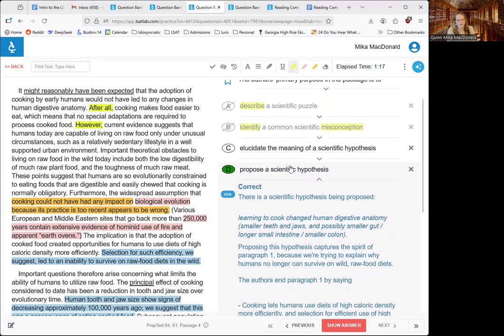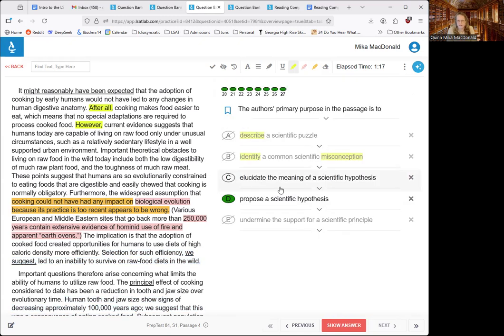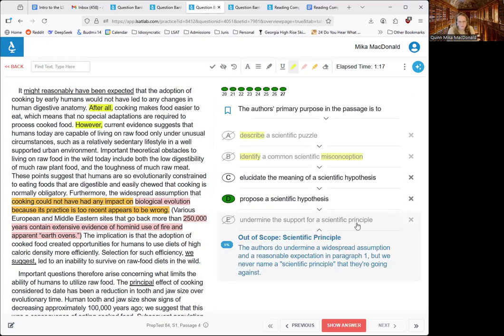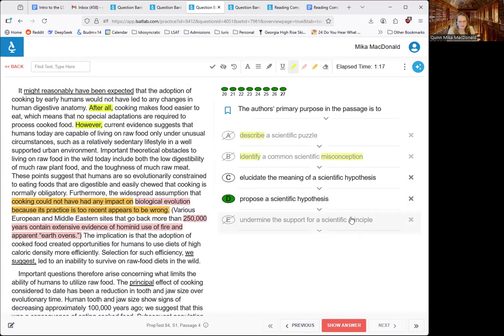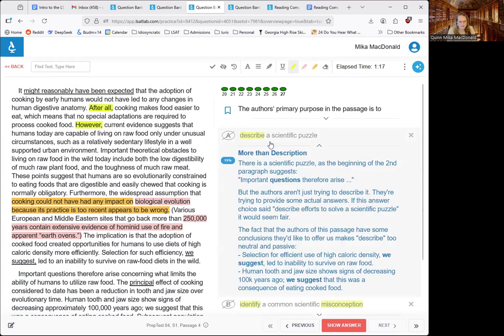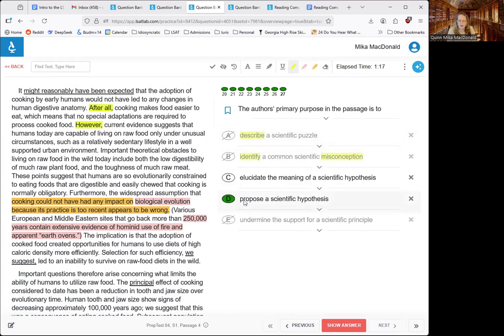But from my perspective, at least, none of the other answers make any sense given the tone of this author. I think E is actually the best one otherwise, but that principle idea is definitely weird. What else? Describe a scientific puzzle? Yeah, surprising to me, right?